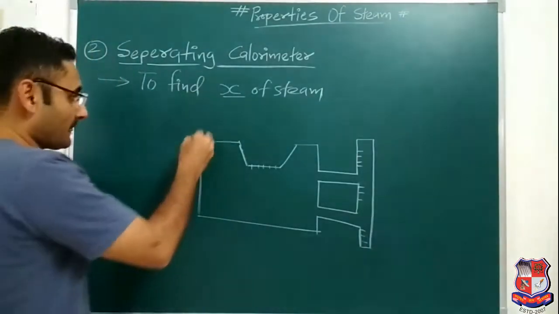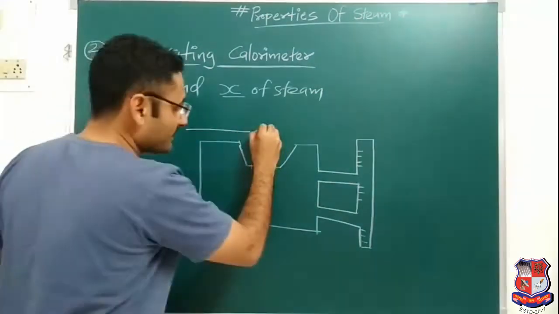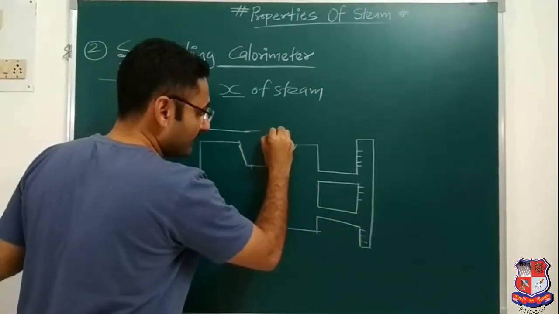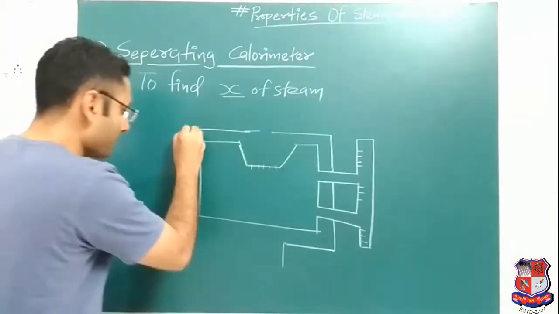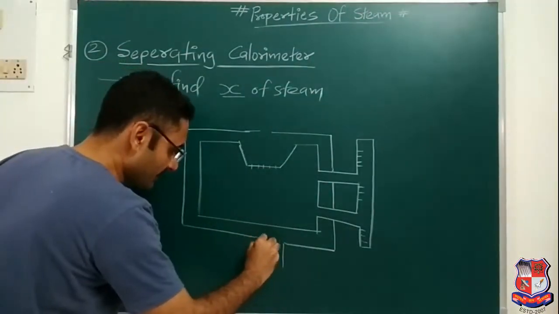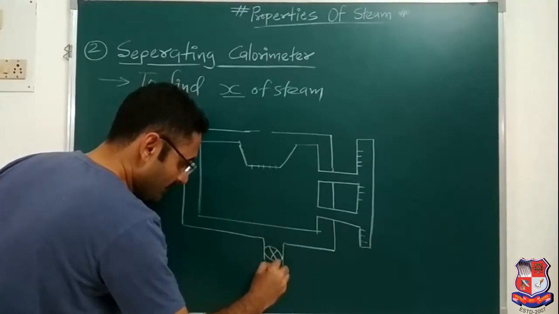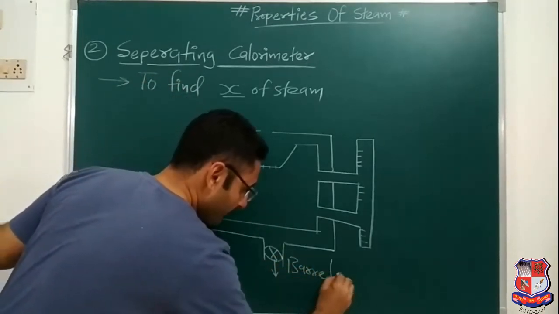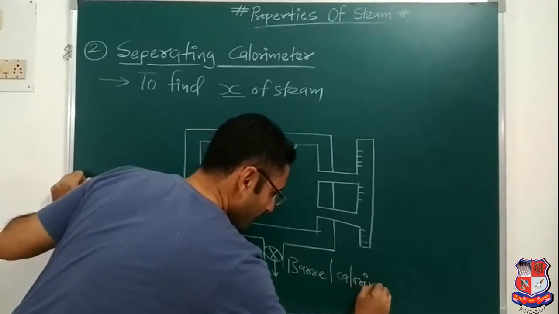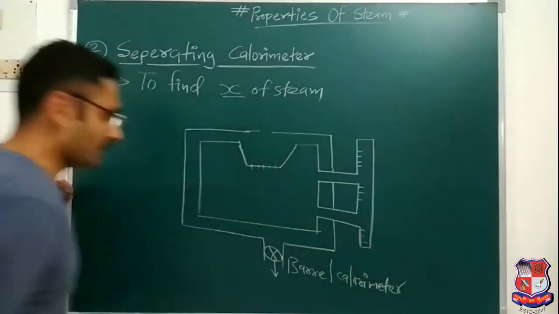After that, the separating calorimeter is connected with the barrel calorimeter. So that is the way towards the barrel calorimeter. Clear up to that?